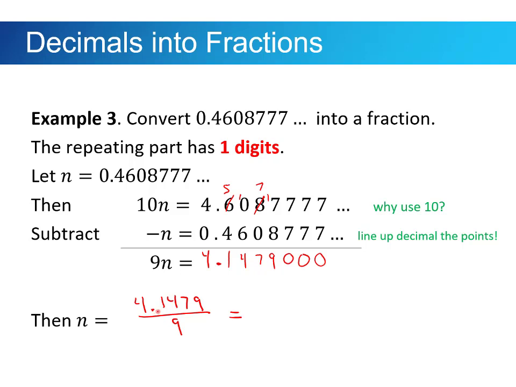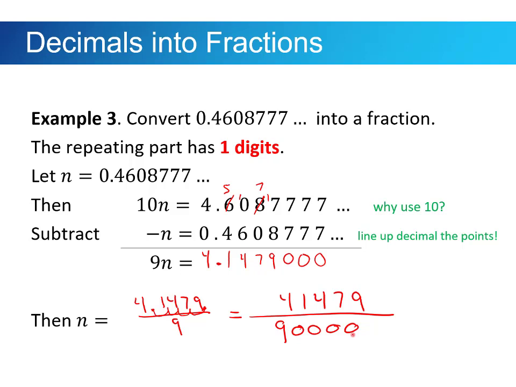So I need to move this decimal point 1, 2, 3, 4 places to the right. So on the bottom, I'll append 1, 2, 3, 4 zeros. And on the top, I can write 41479. And you can check your work by actually pulling out your calculator and doing the division.